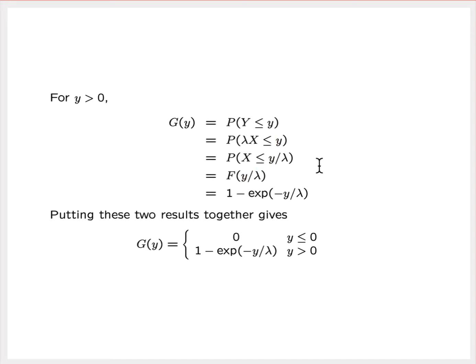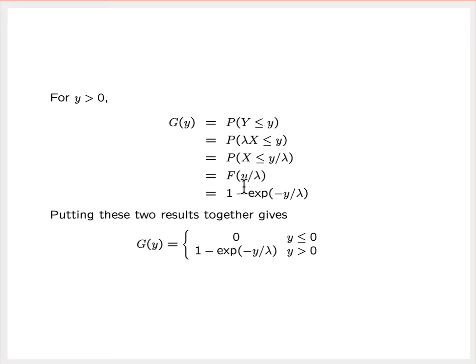All right? And so we get that the CDF evaluated at y, where y is positive, is equal to the probability that the random variable x is less than or equal to y over lambda. But now this probability is just the CDF of x evaluated at y over lambda.